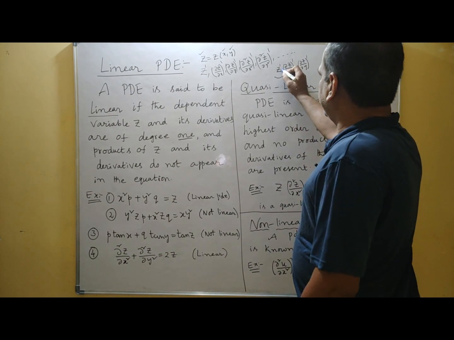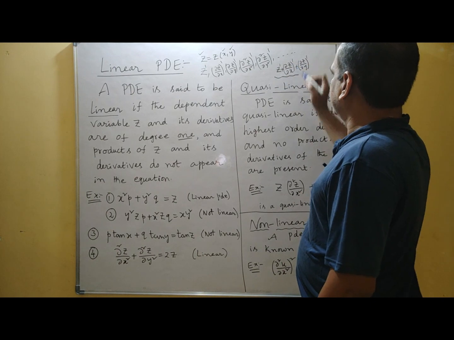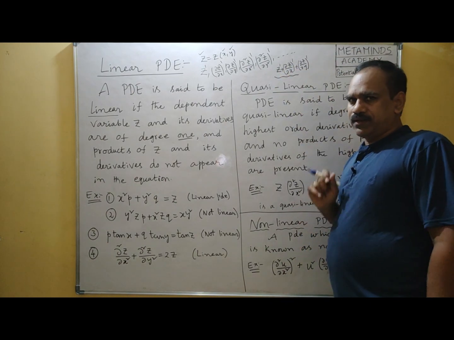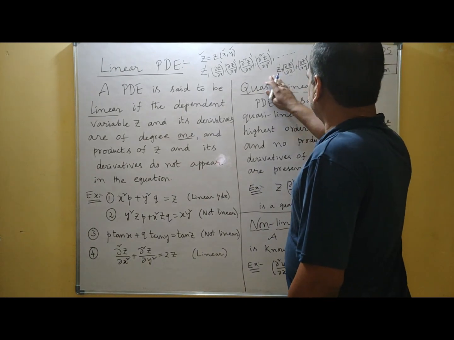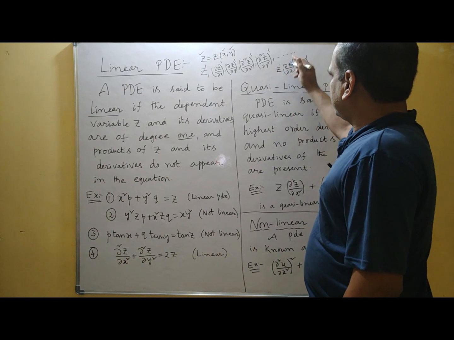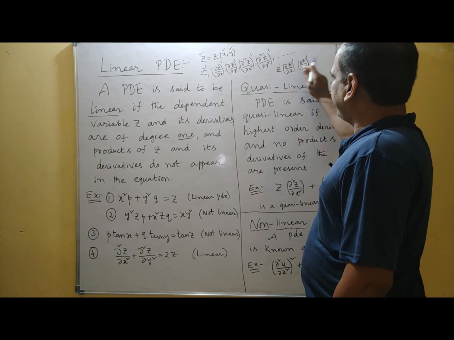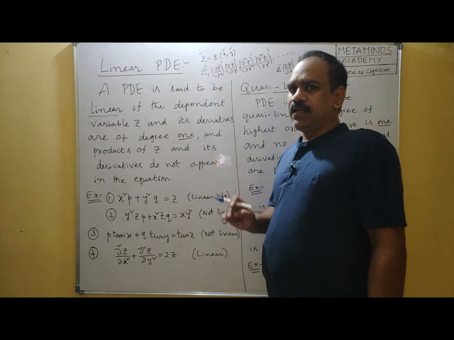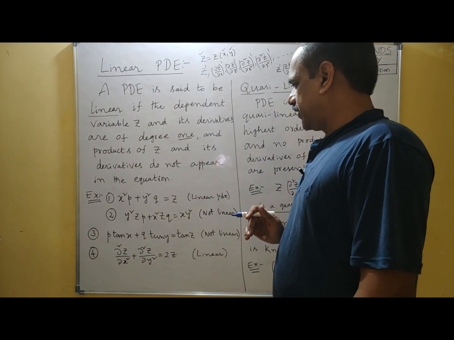If you have addition or subtraction in between, then you have 3 terms and each term has degree 1. So the second condition is there should not be products of the dependent variable and its derivatives in the equation. In that case, we call it a linear partial differential equation.